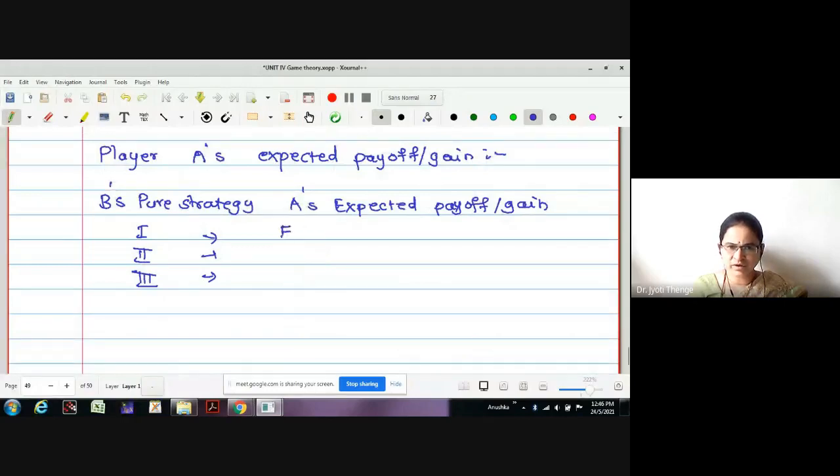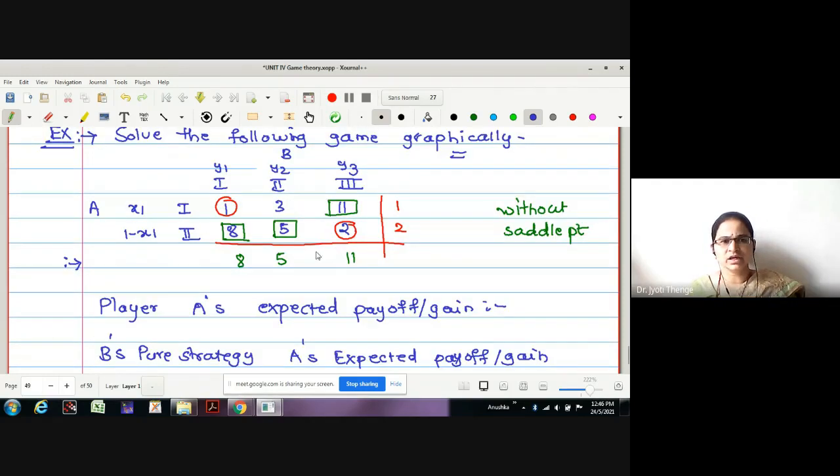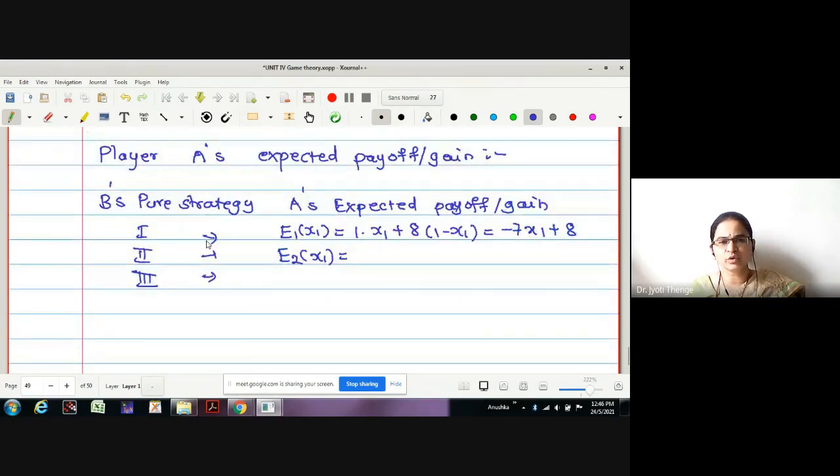Let me write E1 of x1. This is 1 into x1 plus 8 into 1 minus x1. Therefore, if I just solve it, this is 1 minus 8, minus 7x1 plus 8. Correct? What is the second expected gain? 3 into x1 plus 5 into 1 minus x1.